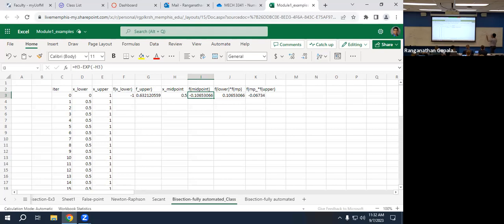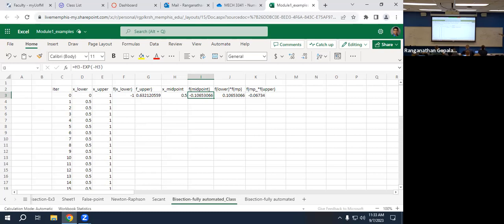If it is the other way, you are bringing upper here and keeping lower the same. Actually, I misspoke, sorry. If this were not true, what you're doing is keeping the upper fixed, but eliminating this part and bringing the lower to the middle.